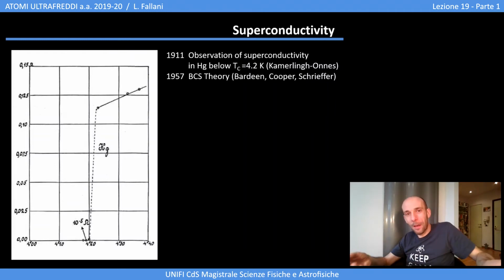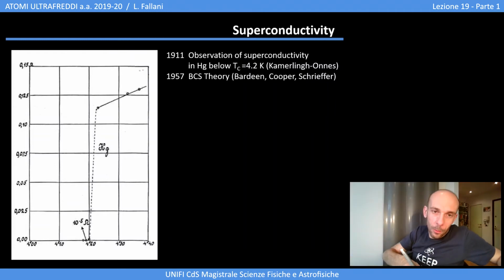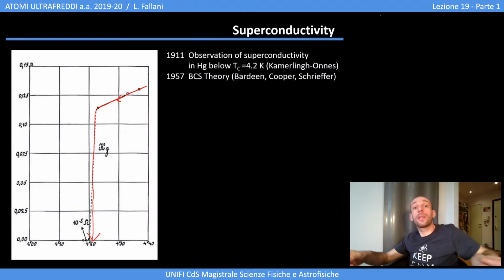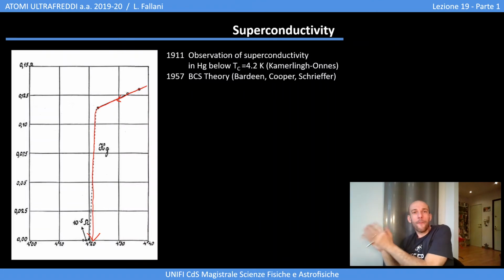As you reduce the temperature, the resistivity goes down, but then at some point you have a phase transition, so a critical behavior at approximately 4.2 Kelvin, where the electrical resistivity goes exactly to zero. Of course, within the uncertainty of a measurement. But you see here a very drastic change in the properties of electric flow in this material.